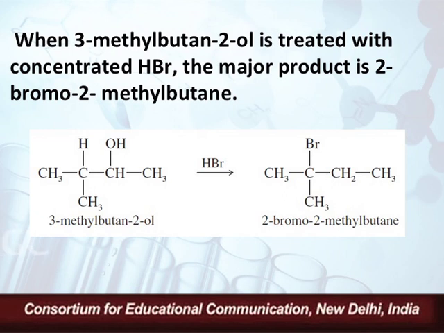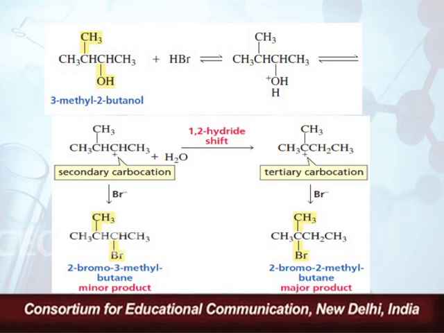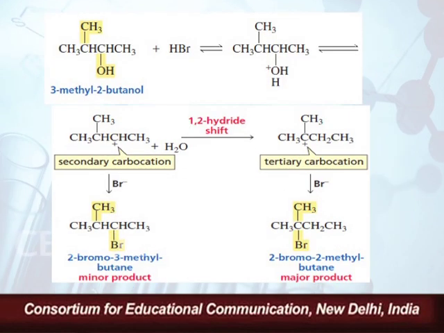Carbocation rearrangement reactions can be explained by taking the example of the reaction of 3-methyl-2-butanol with concentrated HBr. In the first step, 3-methyl-2-butanol undergoes protonation, resulting in the formation of an oxonium ion. This oxonium ion expels a water molecule, resulting in the formation of a secondary carbocation.